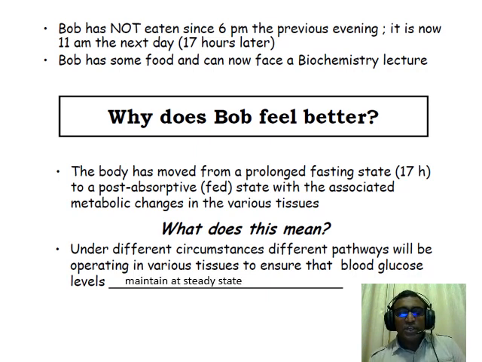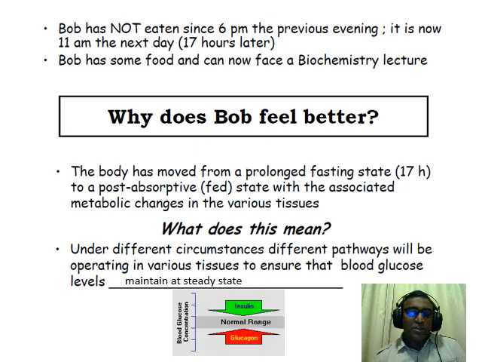Okay? So this steady state is values that are considered normal glucose level. So when he is fasting, the level of glucose drops. Then something needs to be done in terms of the metabolic pathways to elevate the blood glucose level, not to a single particular value, say 5.